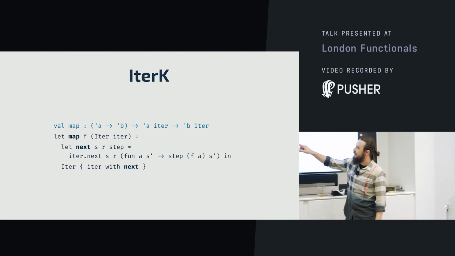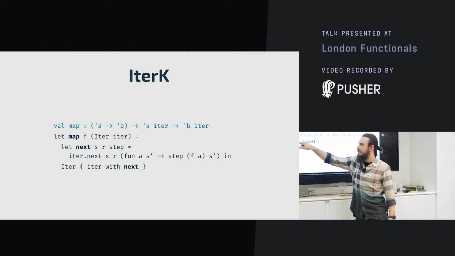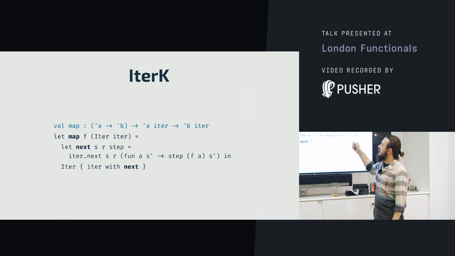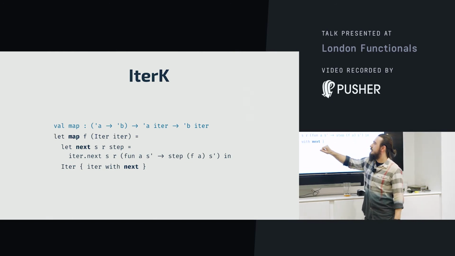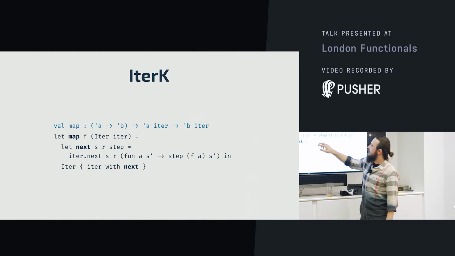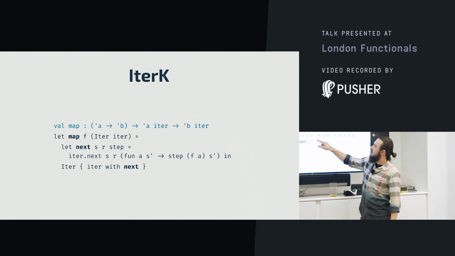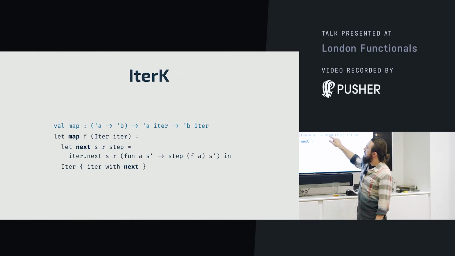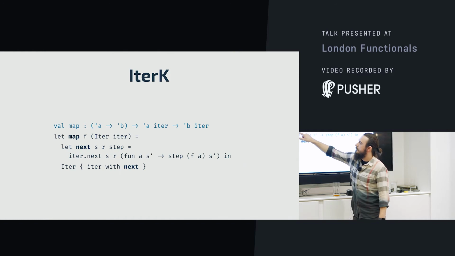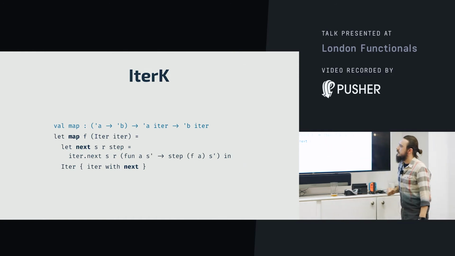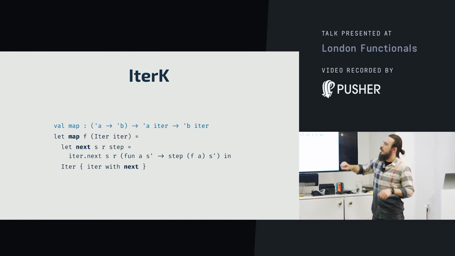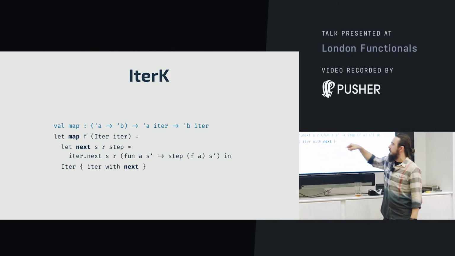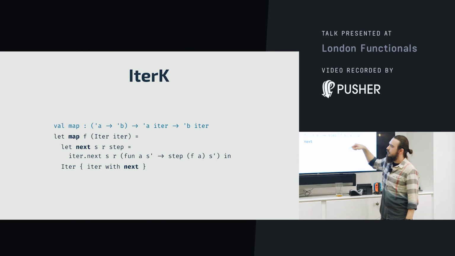So I'm destructuring this state with the next, so the view or the uncons function, and I'm giving it the result that it has so far, and I'm expecting this step function to get an element, the next step, and then finally it calls the step from the inner iterator. So it essentially wraps this iterator here with a new next function and uses this step to continue, to let this step drive the recursion.